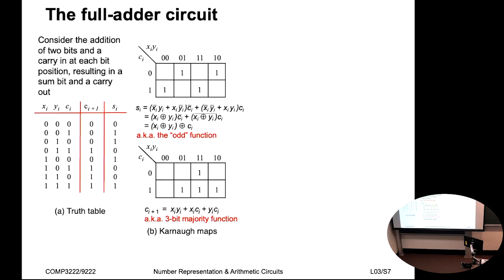The associativity allows us to group these terms together in any way whatsoever and write them any way we like. We can write x, y, c, or x, c, y, or c, y, x. It's up to us, right? Makes no difference. Because this function is 1 when there's an odd number of inputs that are 1, it's also called the odd function.